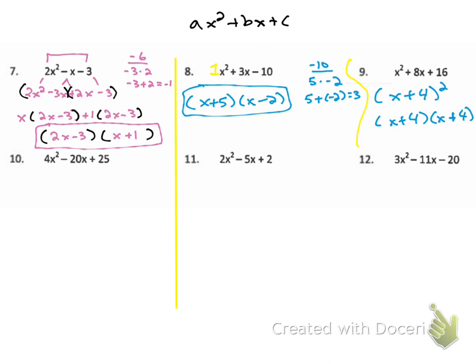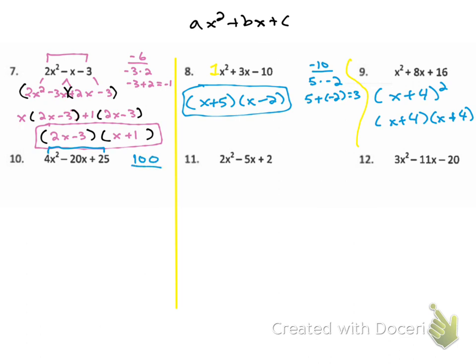Number 10, there's no GCF there. So we need to do the AC method. A times C gives me 100. All right.